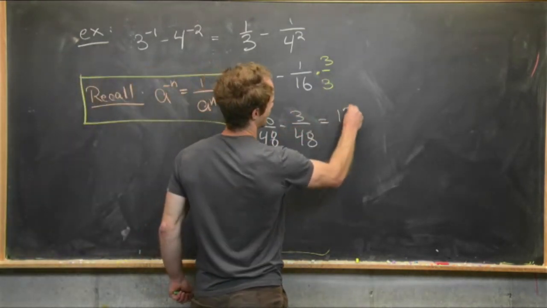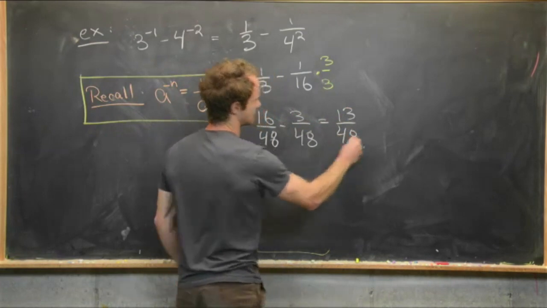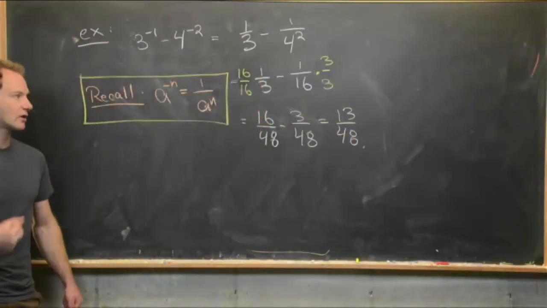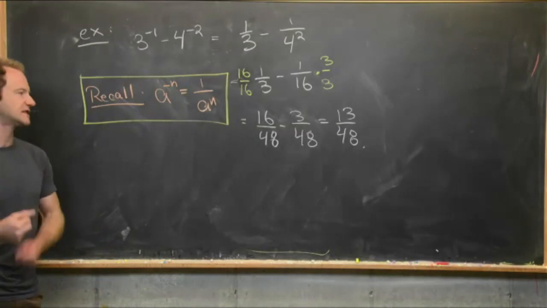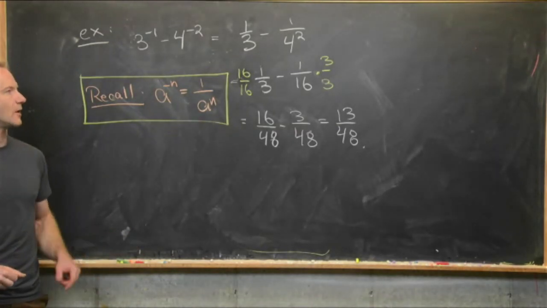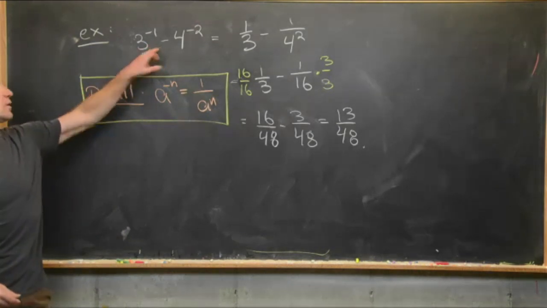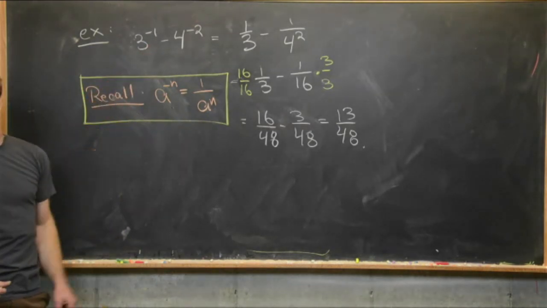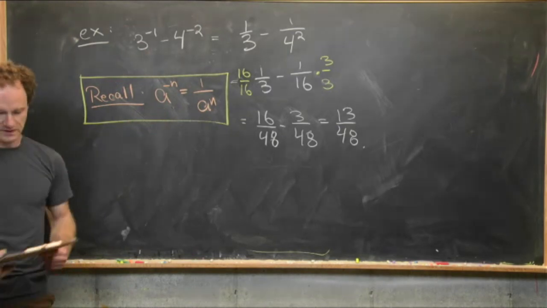So in the end, we'll get 13 over 48. And then you should check real quick, is that reducible? This one is not reducible. Okay, cool. So this is a good one for recalling what negative exponents do.